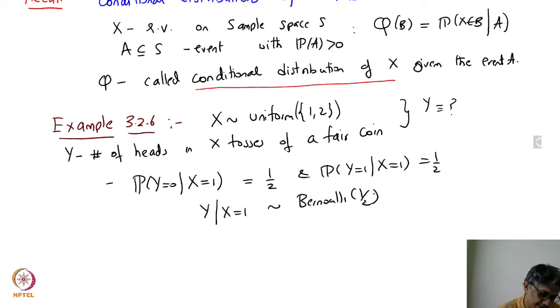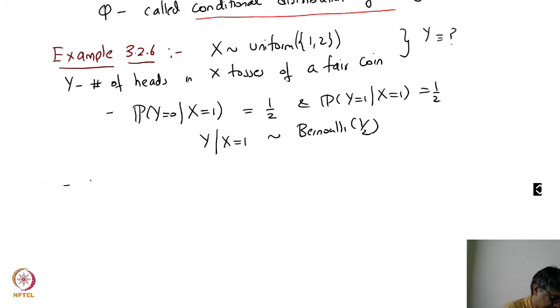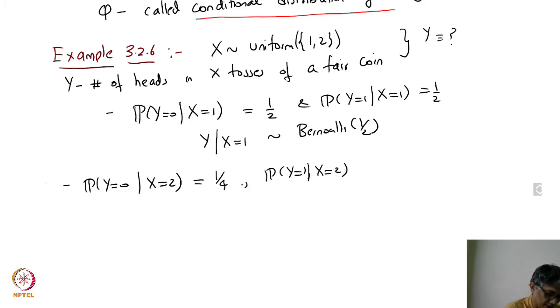Then we did the next step. If X has the value 2, then the chance that Y equal to 0 given X equal to 2, that means no heads in 2 tosses, is 1/4. The chance that you get 1 head in 2 tosses, if you do the calculation of binomial 2 comma half with only one success, happens with probability half.